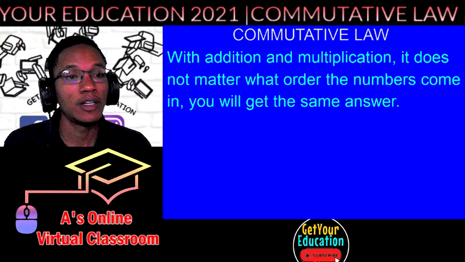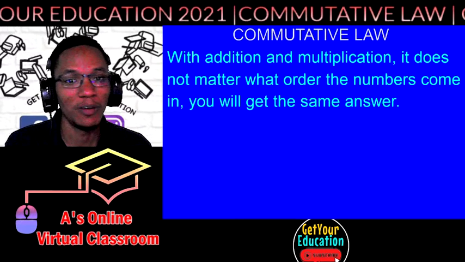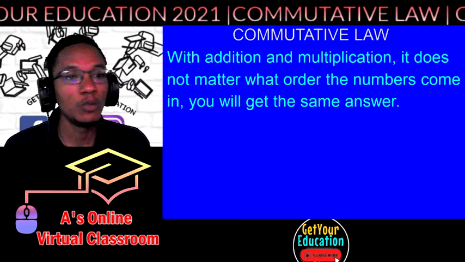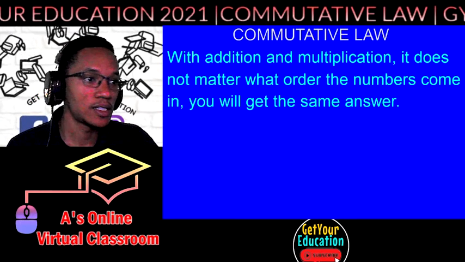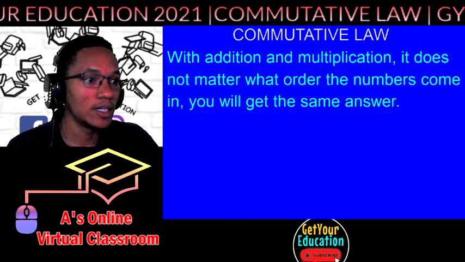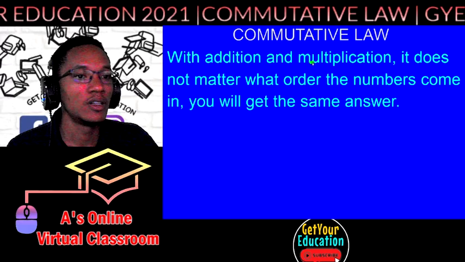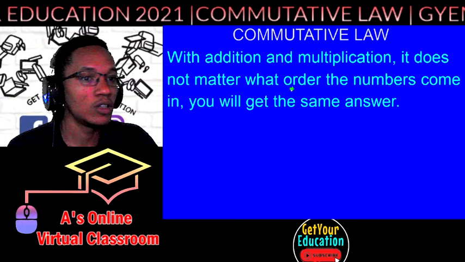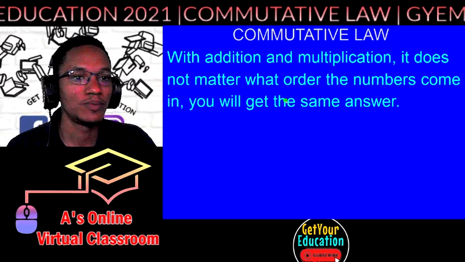And today we're going to look at one of the foundations within these laws, and that's the commutative law, which you could apply to any part of mathematics. So the commutative law says, with addition and multiplication, it does not matter what order the numbers come in, you will get the same answer.